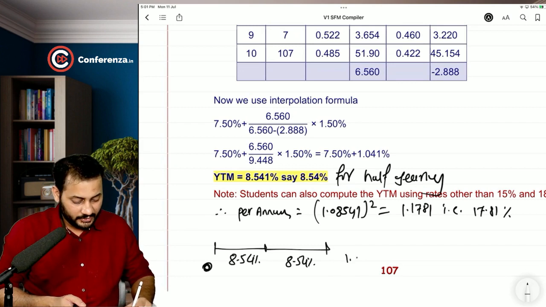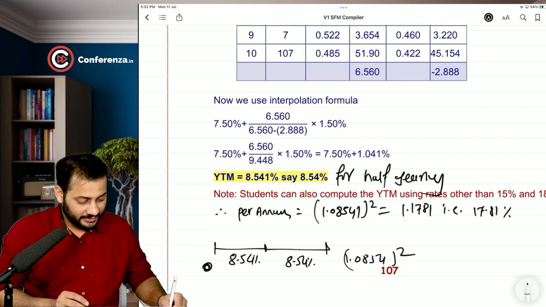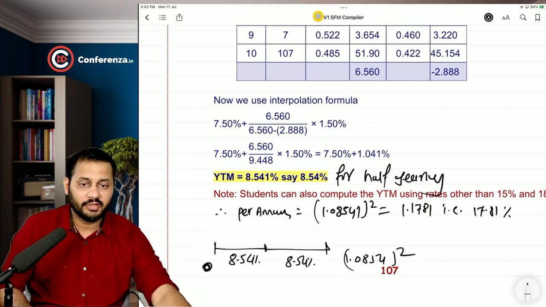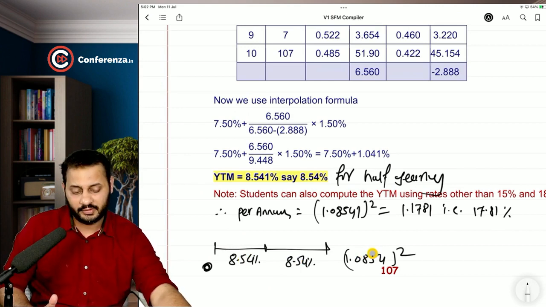So at that time it becomes 1.0854 square, because you are getting it twice. And the second 8.54% that you are receiving is on the principal amount, that is 100 rupees, and then this interest also at 8.54%. So this is interest on interest, compounding effect.